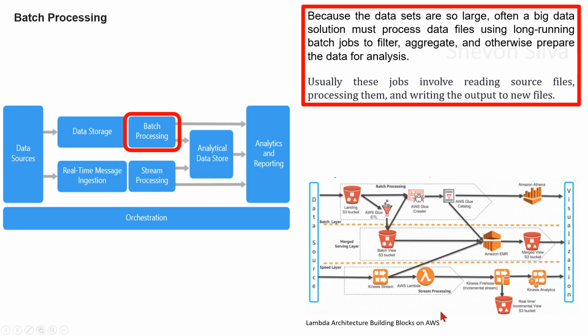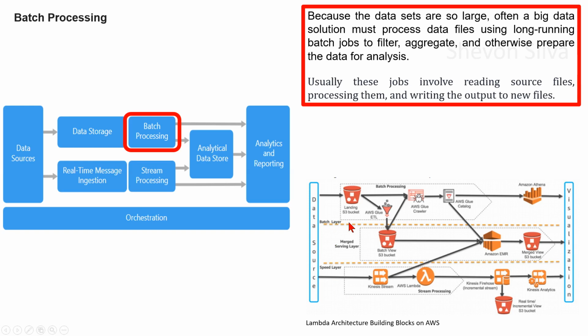Here you can see Lambda architecture building blocks for AWS. Each layer in the Lambda architecture can be built using various analytics, streaming, and storage services available on the AWS platform.